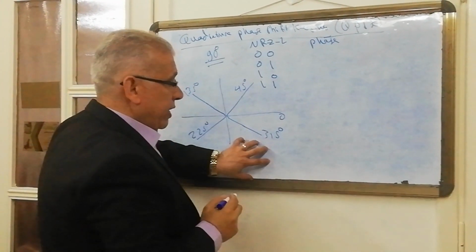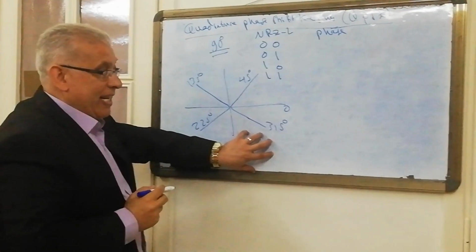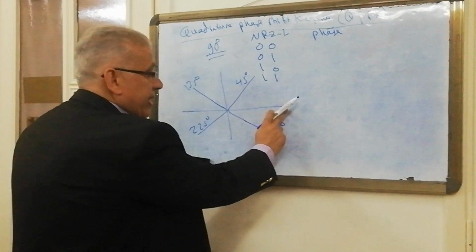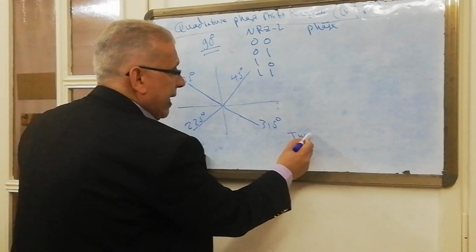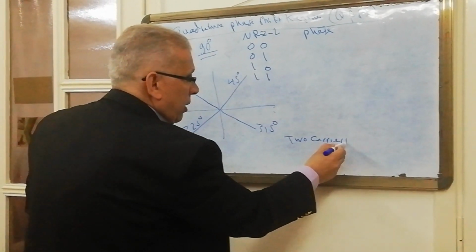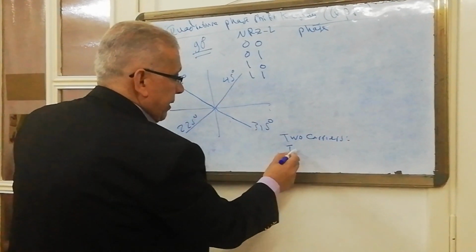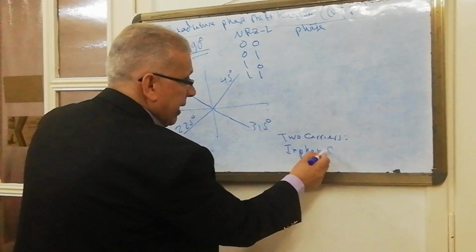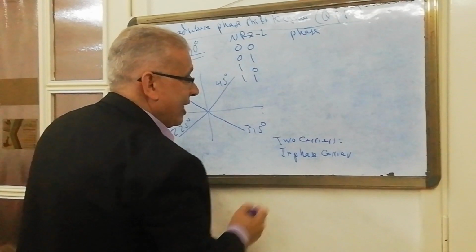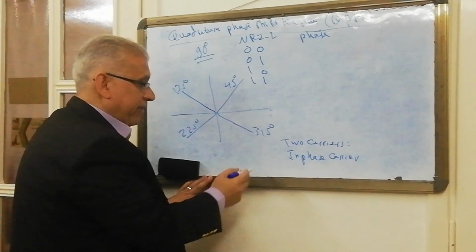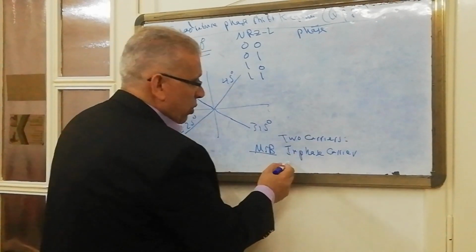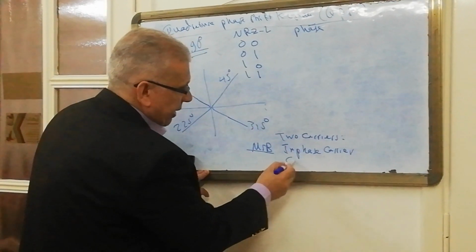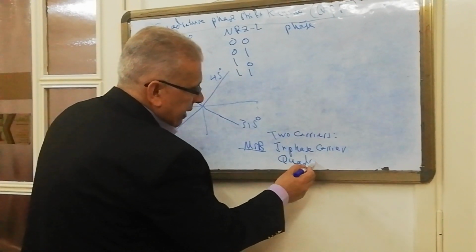In this case we will use 2 carriers. The in-phase carrier, which we will assign as the most significant bit later on, and the quadrature carrier.